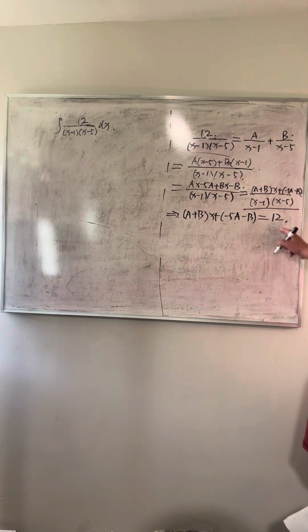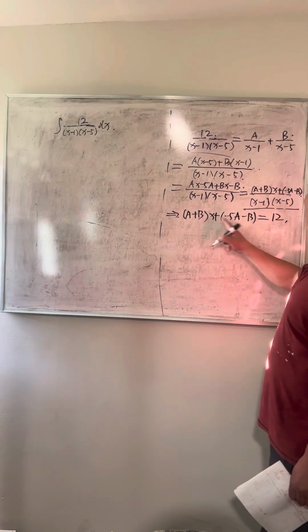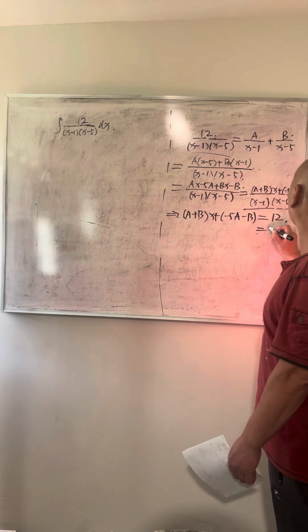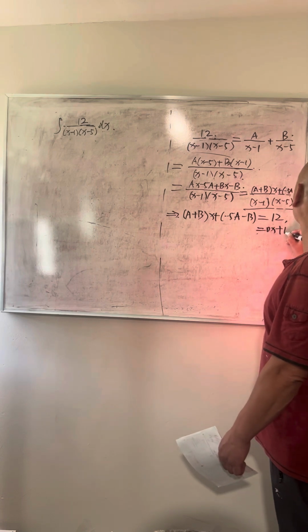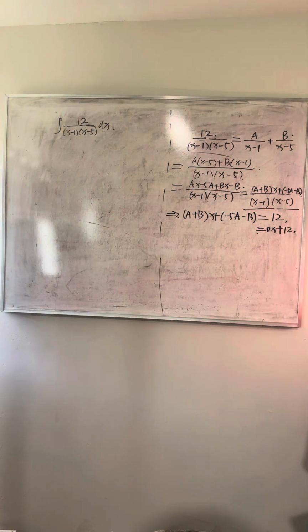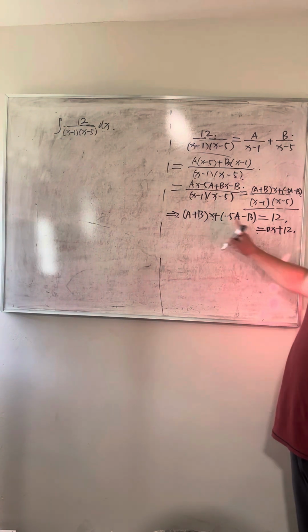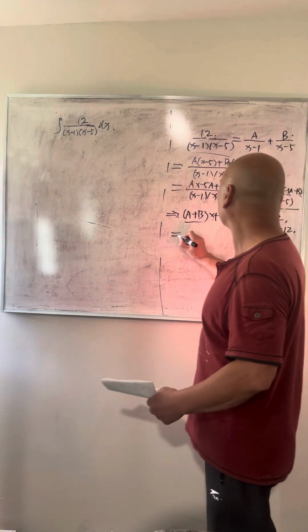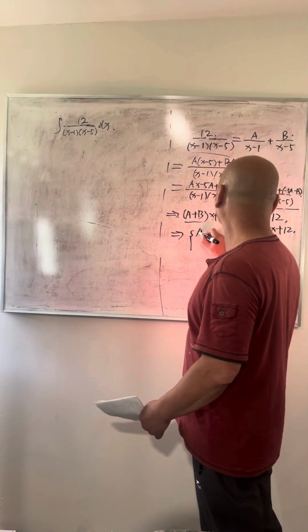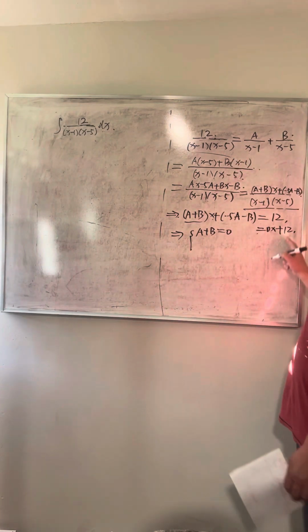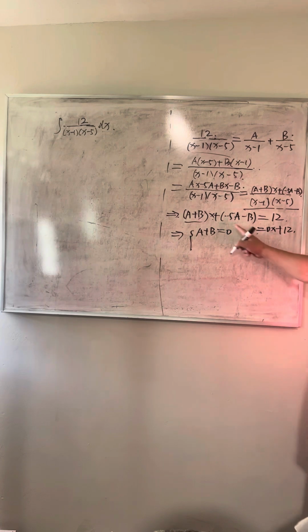Now, this constant is constant. Here's x. It's the same, just like 0x plus 12. The coefficient of x on the right side is 0. That means a plus b must be 0. Right, constant 12 is constant.